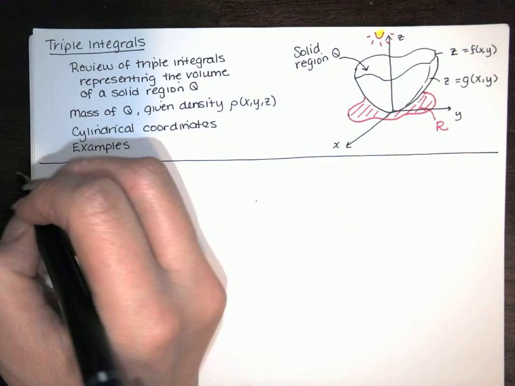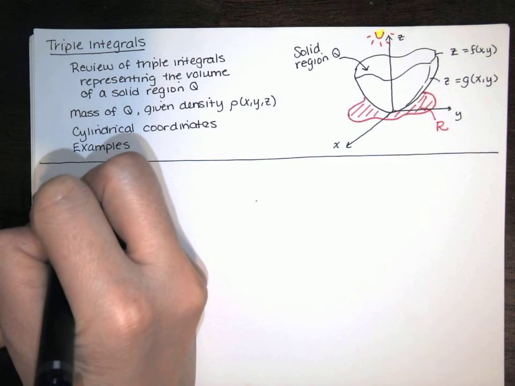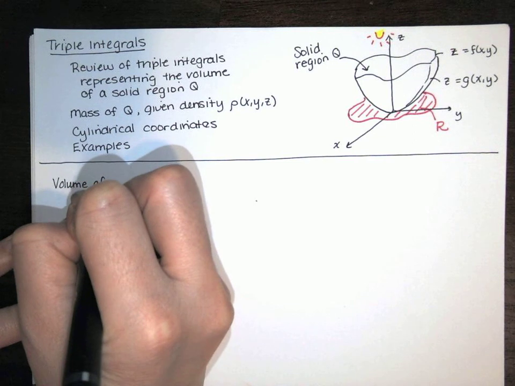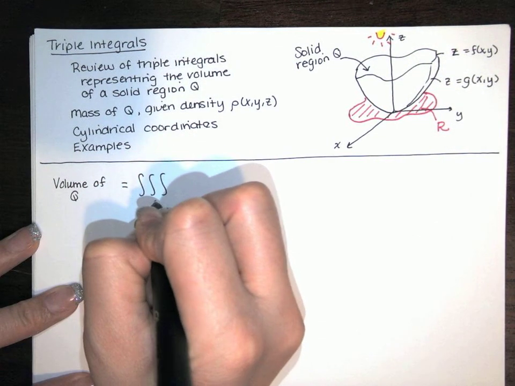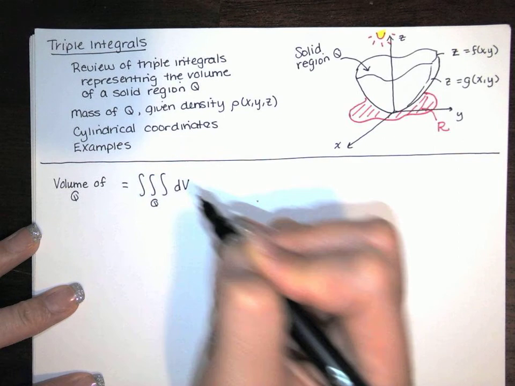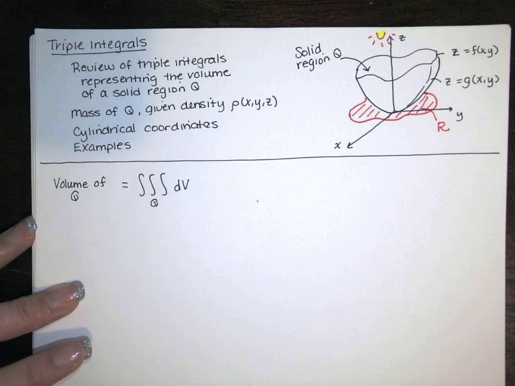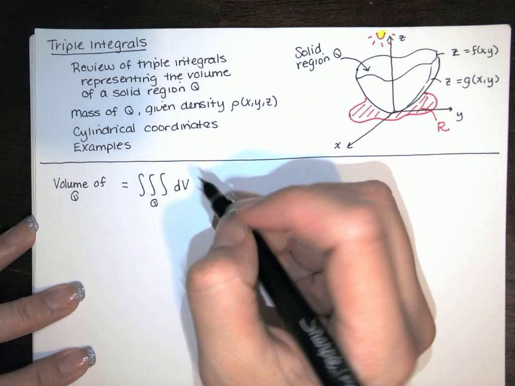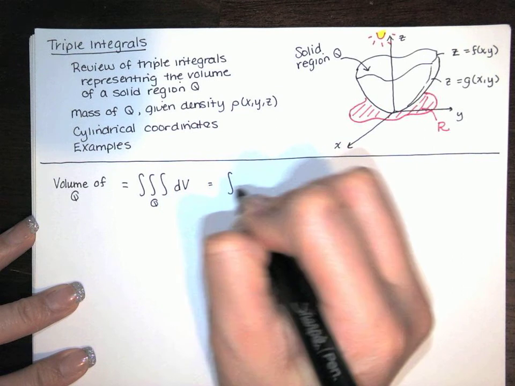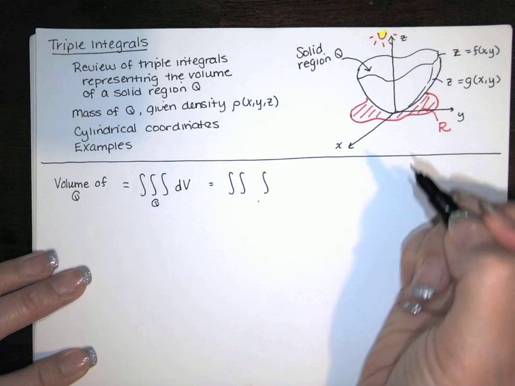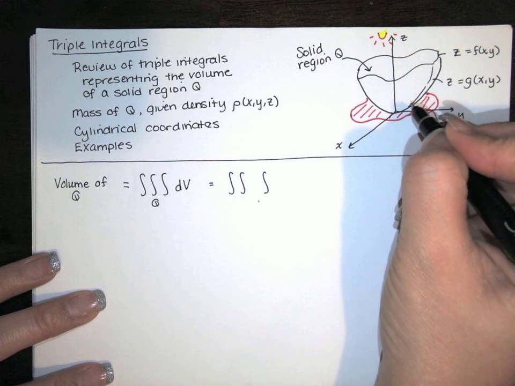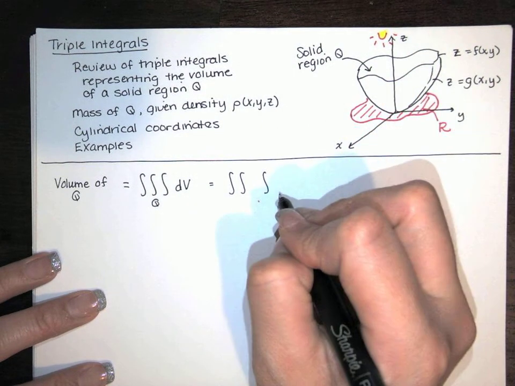So let's say we want the volume of Q. It's generally represented this way. It's the triple integral over Q of dv. And that dv can be split into two pieces. This is how I tend to think of it anyway. I usually let z go from a bottom function to a top function.